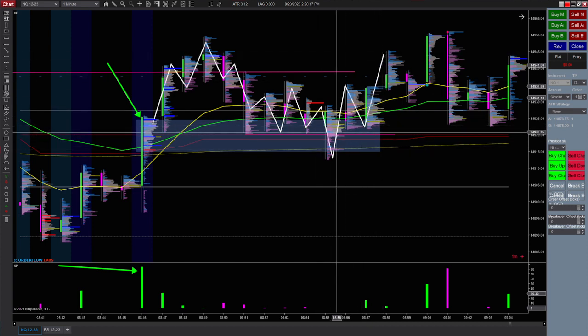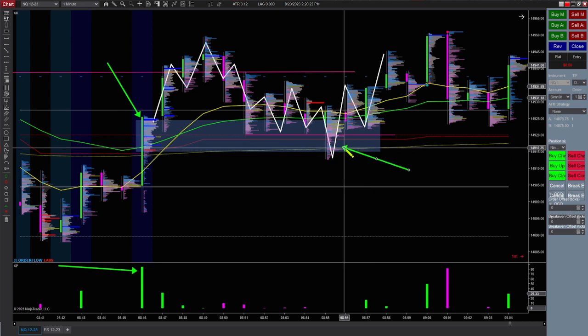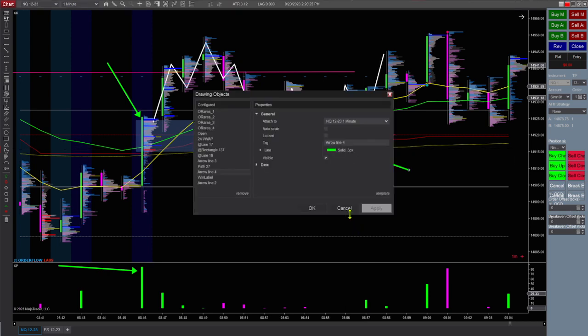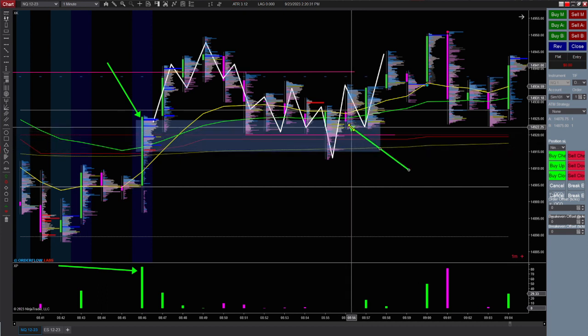That is an entry that I would look to take as soon as we have a sweep lower and we cannot maintain. I'm looking to enter on this volume node.